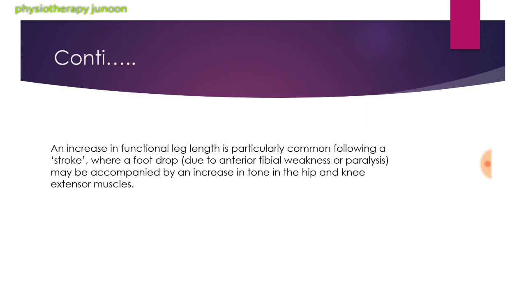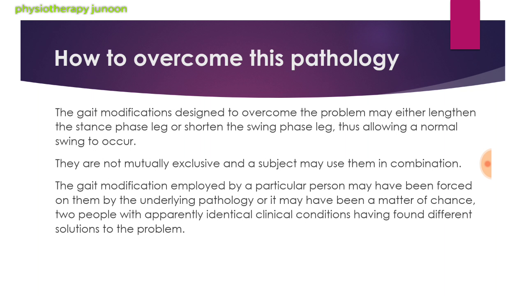An increase in functional leg length is particularly common following a stroke, where a foot drop due to anterior tibial weakness or paralysis may be accompanied by an increase in tone in the hip and knee extensor muscles. Then we proceed to the next: how to overcome this pathology.